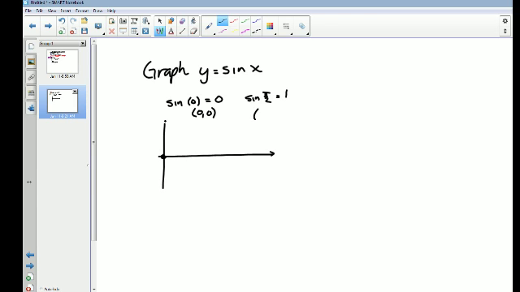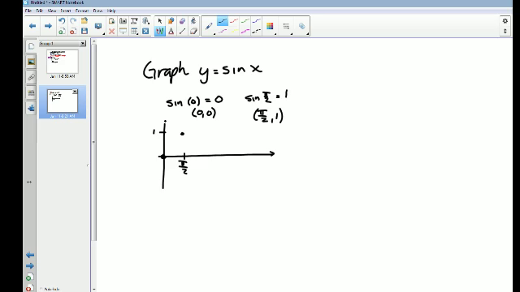So I'm going to graph, we usually leave our x-axis in terms of pi. Okay. So pi over 2 and then 1. There are values in here. I'm not going to go over them.